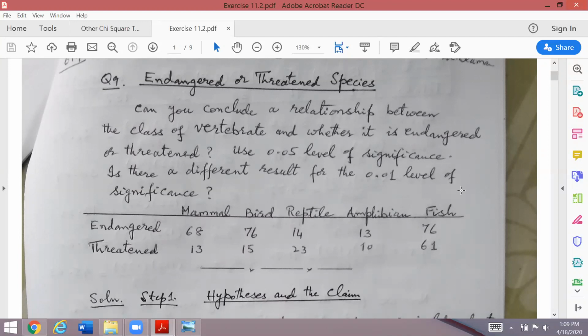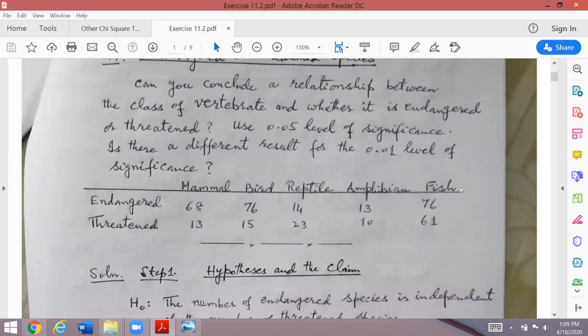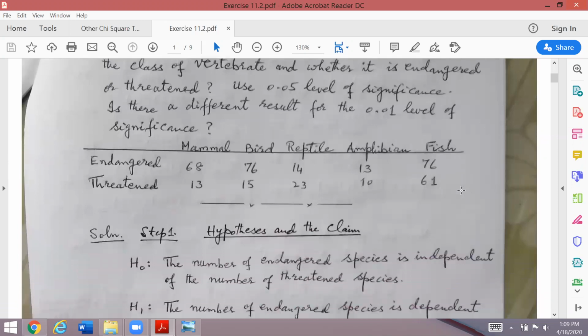We do not have to collect the data; it is already written in front of you. Wherever required, we will write the same. In the past we had been collecting the data, but here you need not write about the data in the first stage. Okay, you go with the steps.